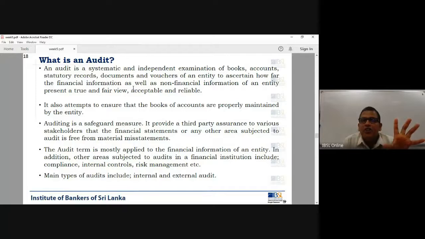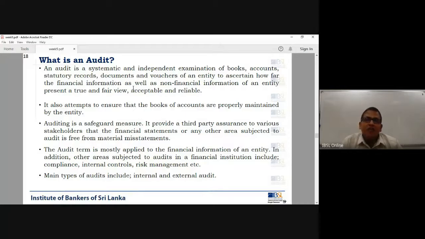Internal audit, everybody knows, is within the institution. There are separate independent people. Even though they are employees of the institution, these separate independent people carry out the internal audit and report to the management.